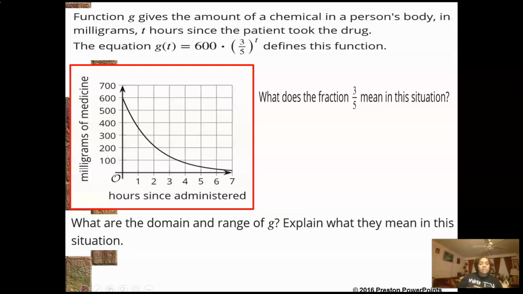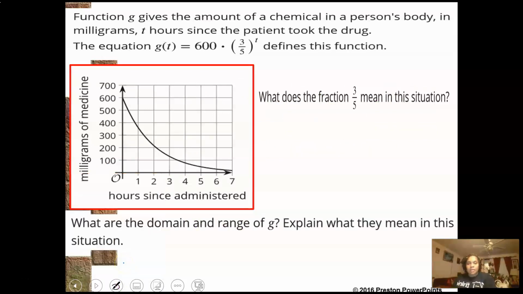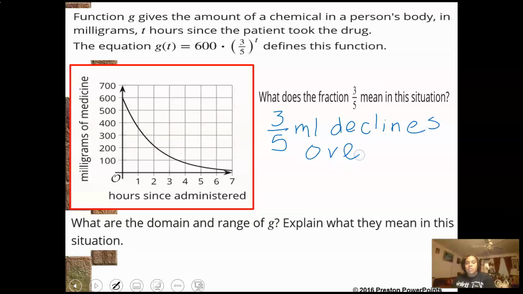So it declines over time. Over t time, the medication declines at 3 over 5.